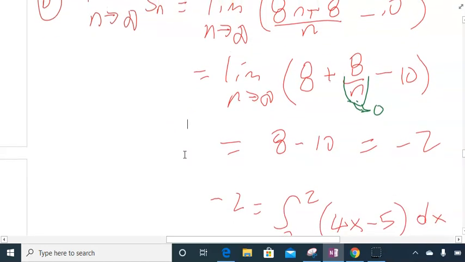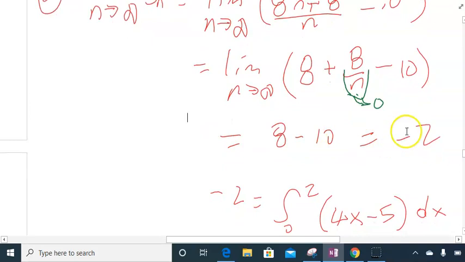So -2 is our area right here, and then our -2 will be equal to your integral from 0 to 2 of 4x minus 5 dx. Okay, so -2, your answer here, is your definite integral.